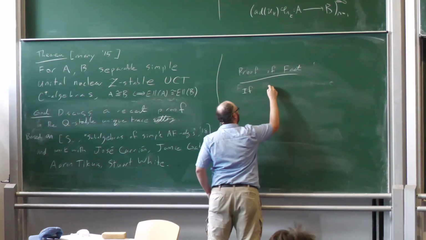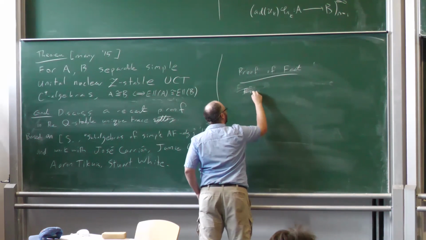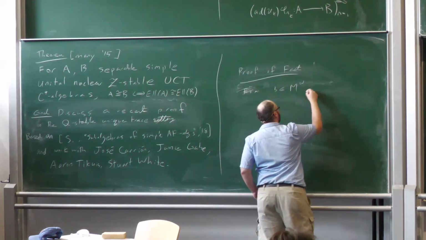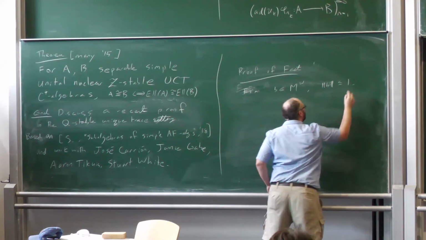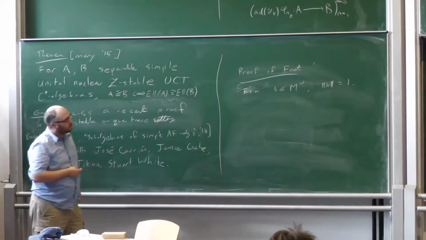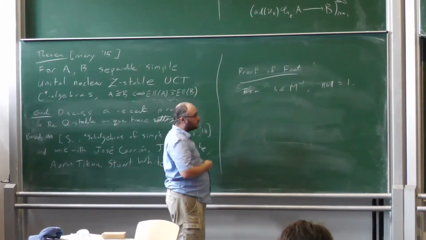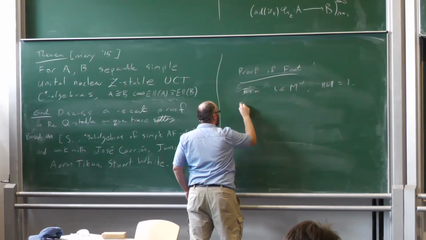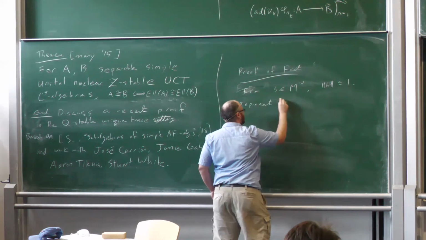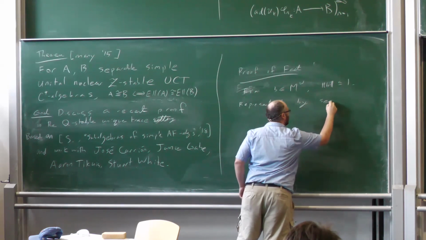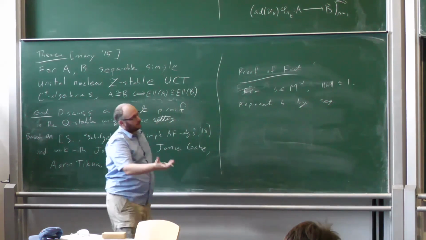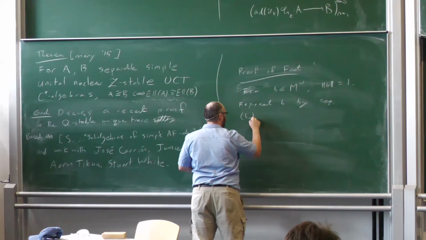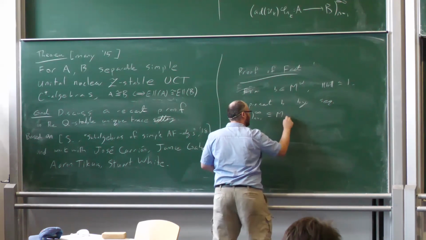Fix B in the codomain, and let's assume it has norm at most 1. You can always do this by scaling. Well, then this M omega is a quotient of bounded sequences, so I can represent B by some bounded sequence, all with norm at most 1.